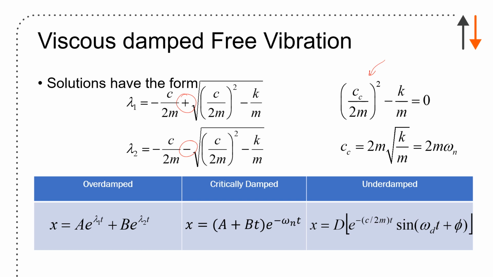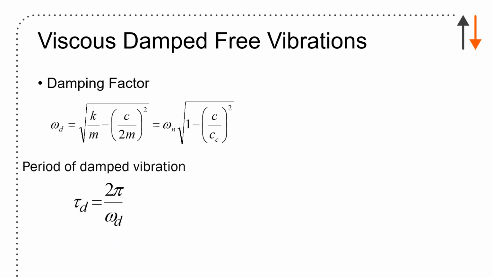In the underdamped case, you have x equal to some constant times a logarithmic decay, times sine of omega d t plus phi. You can put that damping factor in there and relate it to omega n, the natural circular frequency, times the square root of 1 minus (c over c c) squared. And you can have a period of the damped vibration, 2 pi over omega d.